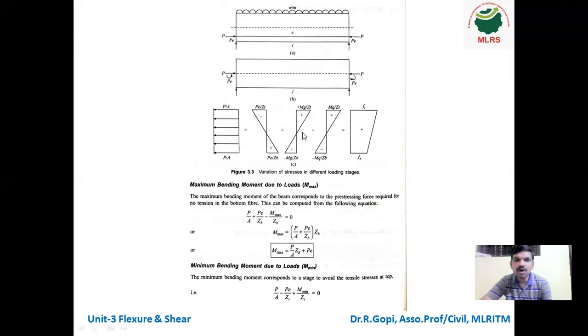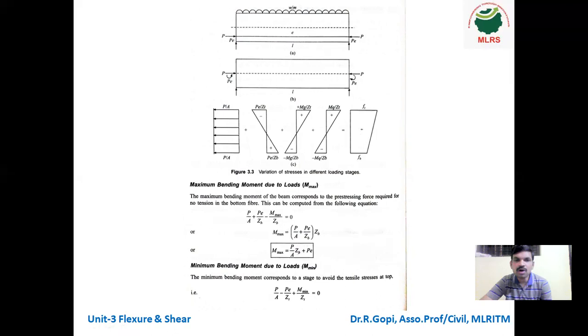This is due to the gravity load, that means self weight of the beam, dead load moment. Next, external live load moment, Mq divided by Zt and Mq by Zb. So this is the final stress distribution diagram. Always in prestressing, the member is subjected to pure compression only, so plus value.